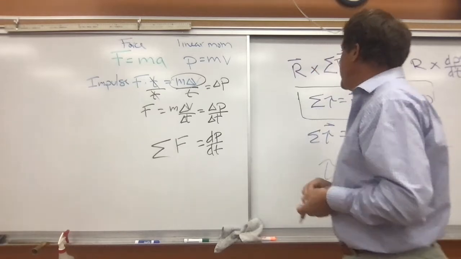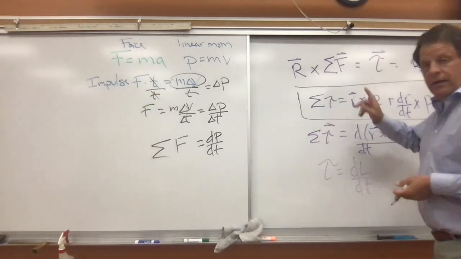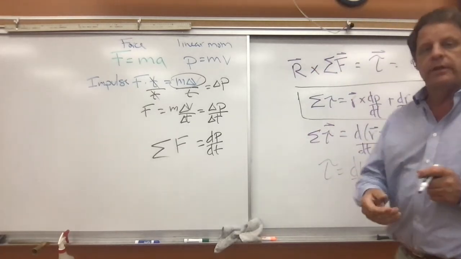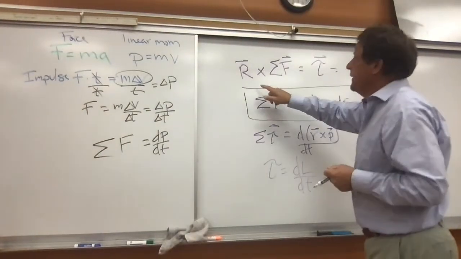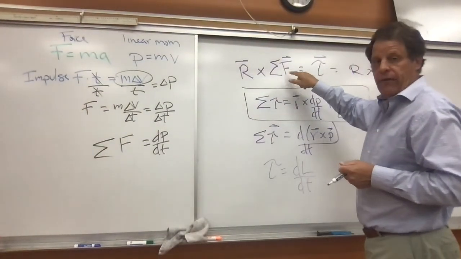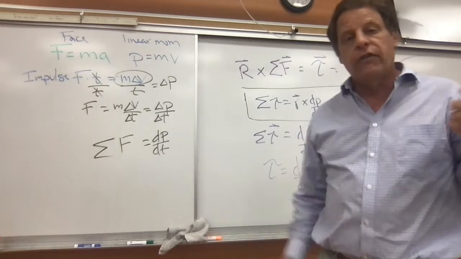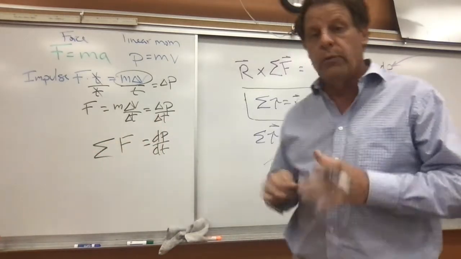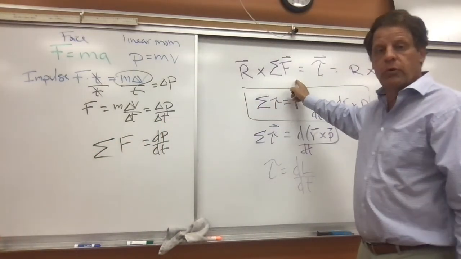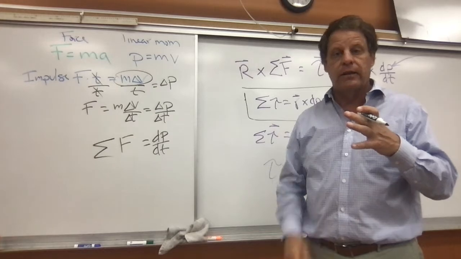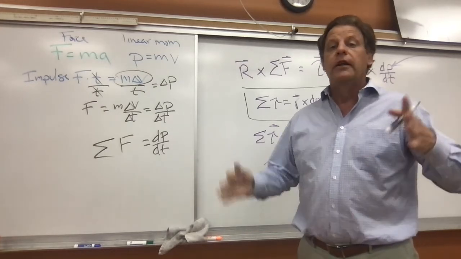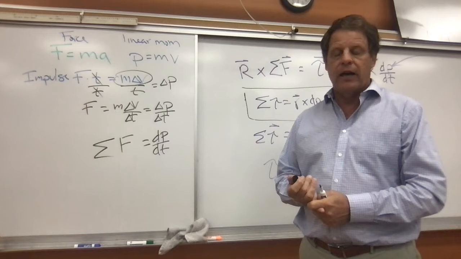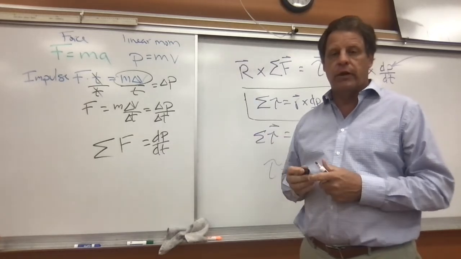So if we go back to think about what we did a little bit ago, that R cross F, and that F is just the sum of all the forces, right? We could have 20 forces there, but when we added them all together, it would be a single vector that, in 2 dimensions, would just have an i and a j, just like the example that we just did.